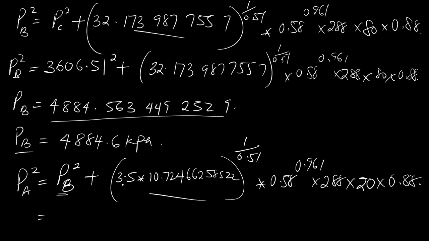So because since we have 3.5 million metric cube per day, 3.5 metric cube per day is equal to 3.5 times 1.0 million metric cube per day.